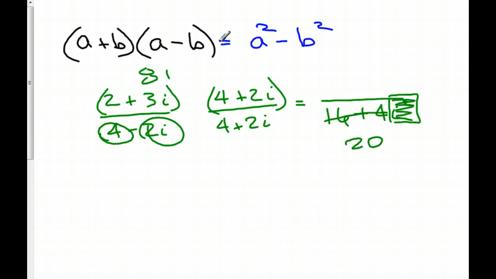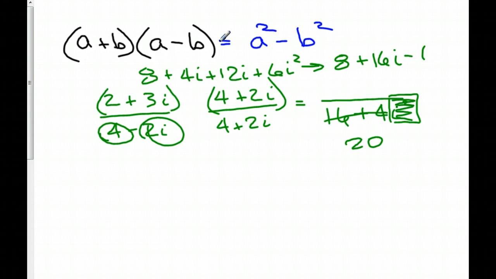O, I, and L give me 8 plus 16i minus 6, which gives you 2 plus 16i. So 2 plus 16i over 20.